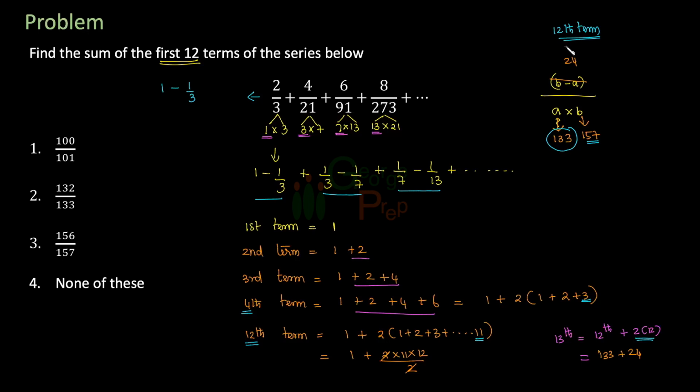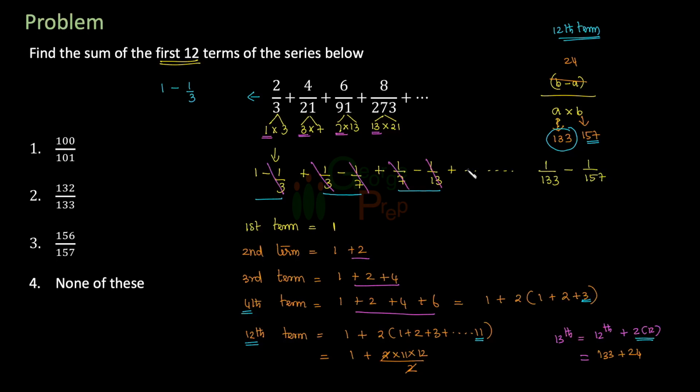Now that's it. Now the question is damn simple. So once you know that, we know that in all these cases, the positives and negatives will keep getting cancelled. So how can I write the last term? I can write the last term as 1 by 133 minus 1 by 157.